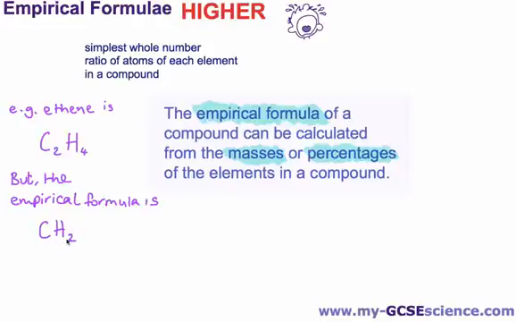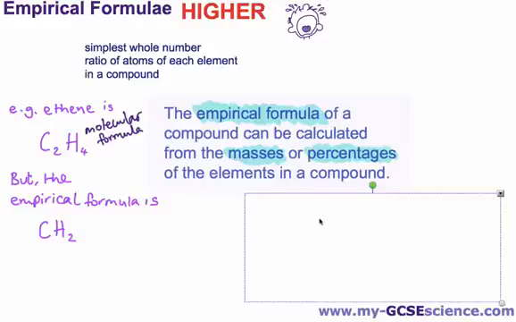Okay, so that's the empirical formula. This over here is called the molecular formula, because it actually tells you the actual number of atoms of each element. But this one, in its simplest form, the ratio of the two atoms gives you the empirical formula.